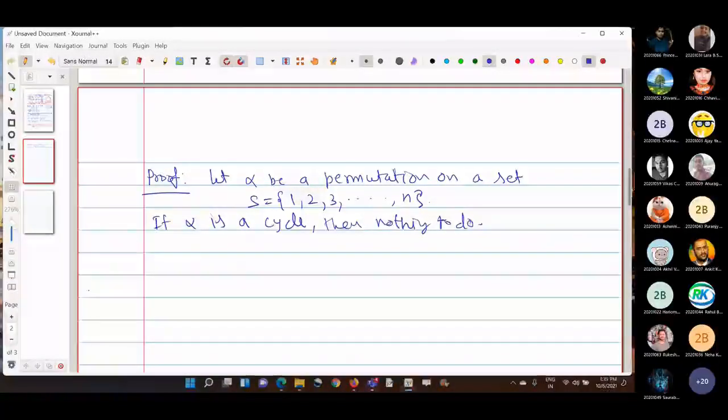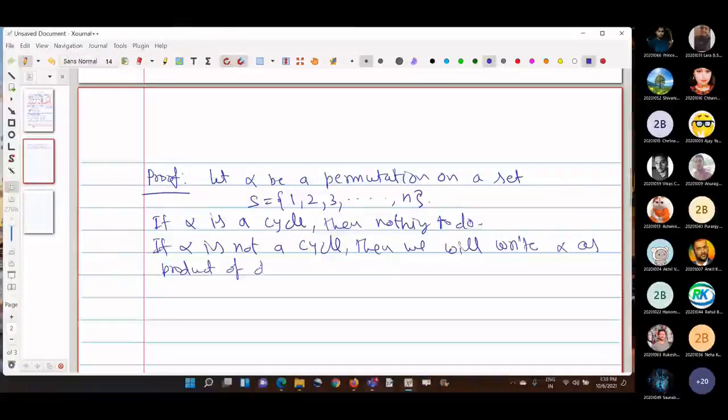Fine. So if alpha is not a cycle, then we will write alpha as a product of disjoint cycles.